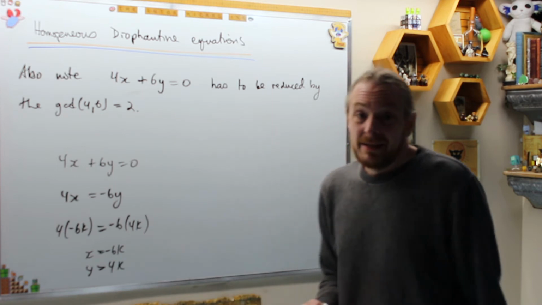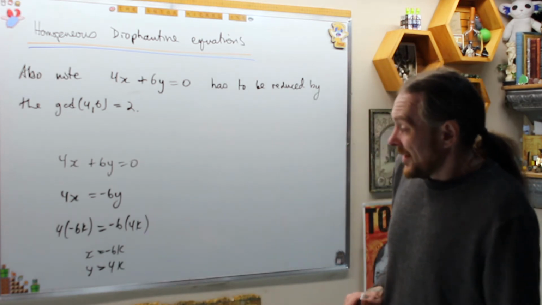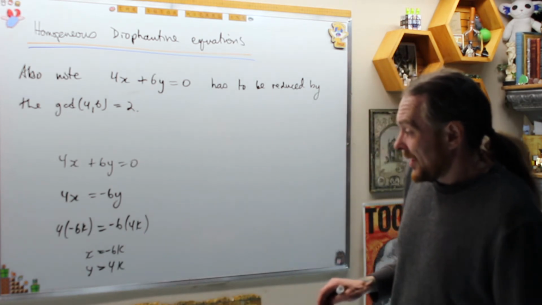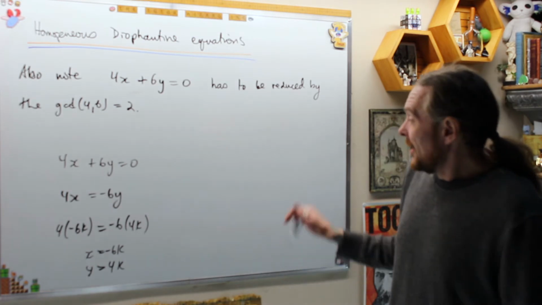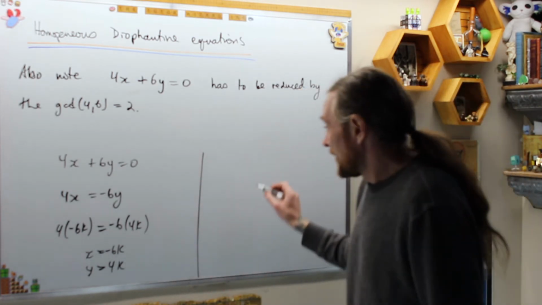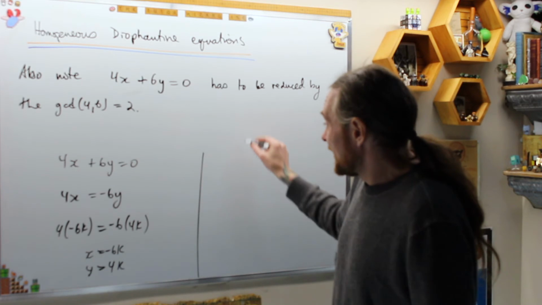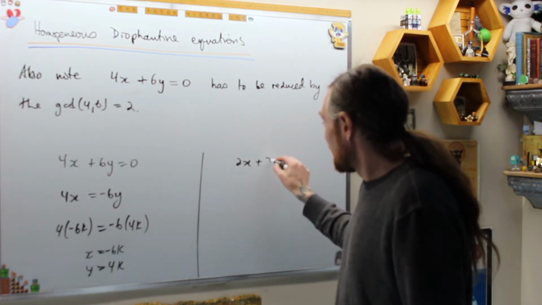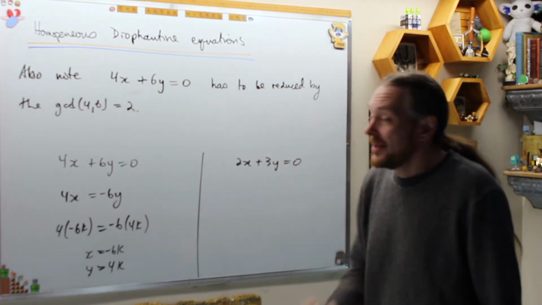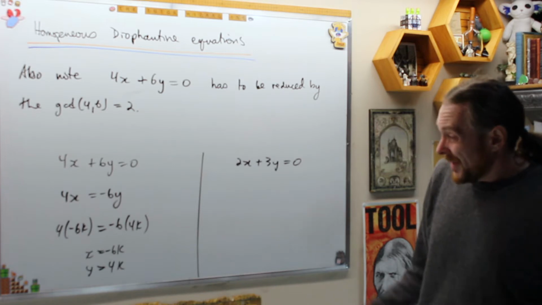Why is that okay? Well, I can find a solution that's not in there. If I don't reduce, what's going to be the difference? If I do reduce by the GCD, that's going to give me 2x plus 3y equals 0. So we'll miss a solution.